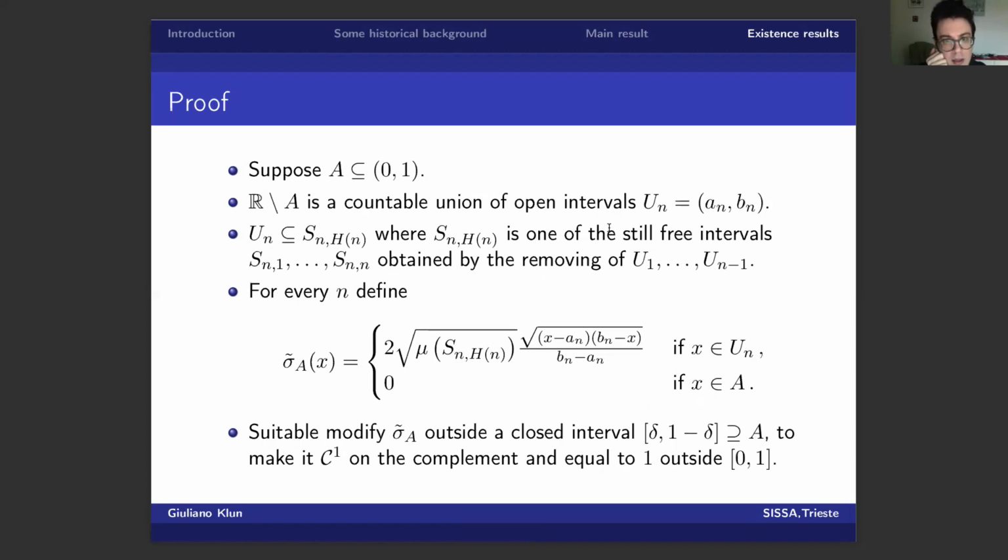Now, A is closed, so R minus A is a countable union of open intervals U_n. Then two cases can occur here. If we request that this union is made of internally disjoint intervals, then the union can be finite or countably infinite. The case when the union is finite is very simple.